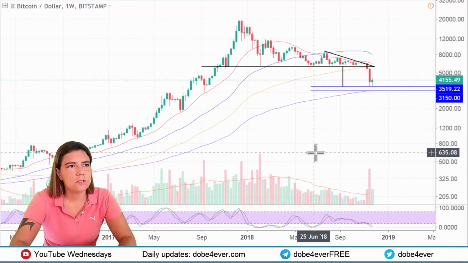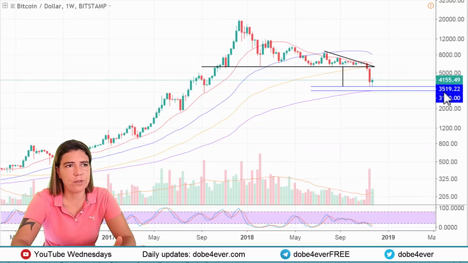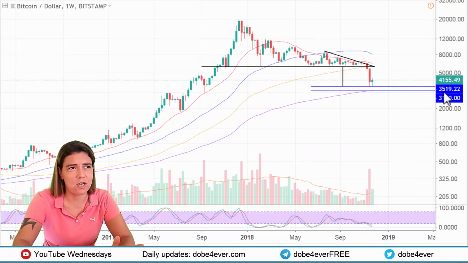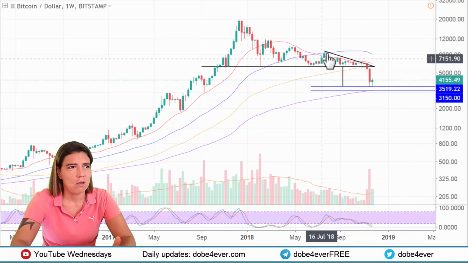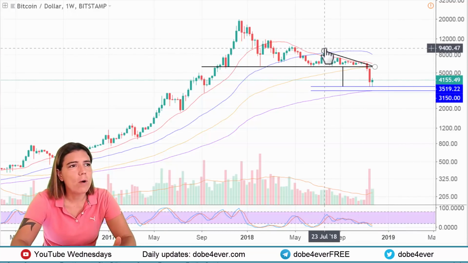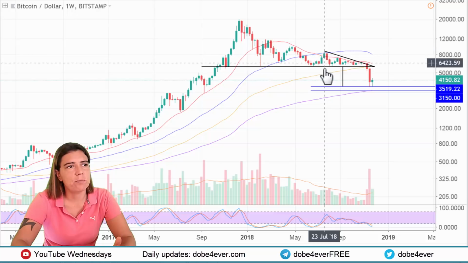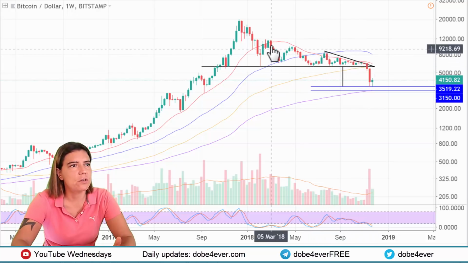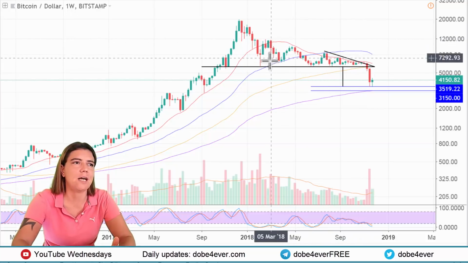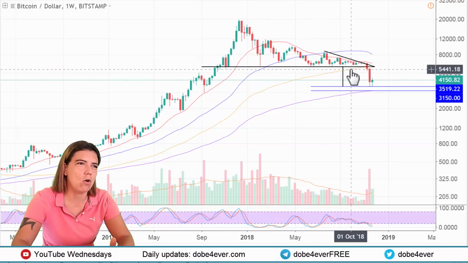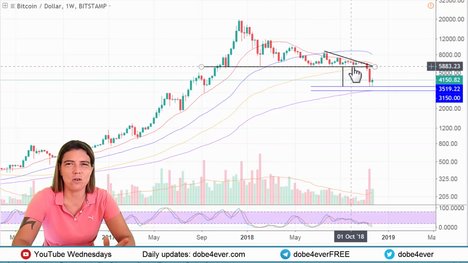On the weekly candles, well guys, this has been playing out exactly as expected. If you go back to my previous videos, I gave this target at 3,500 a long time ago, maybe 2 months ago or 3 months, I don't even know when. This is the target from this smaller triangle within the huge triangle, because the target for the huge triangle is too low. I don't want to call for such low targets yet.